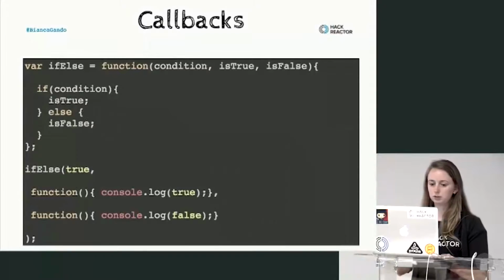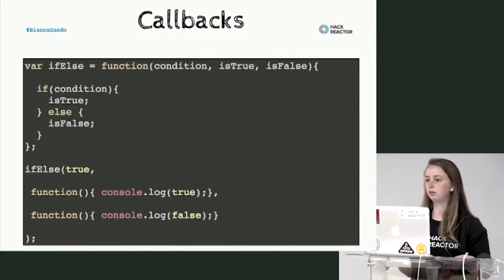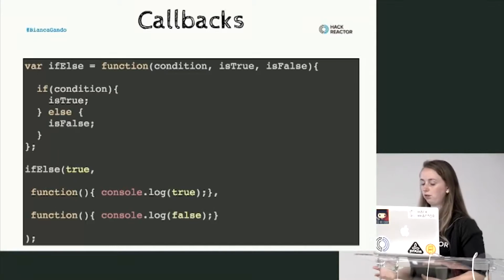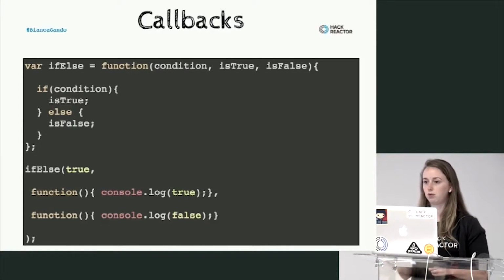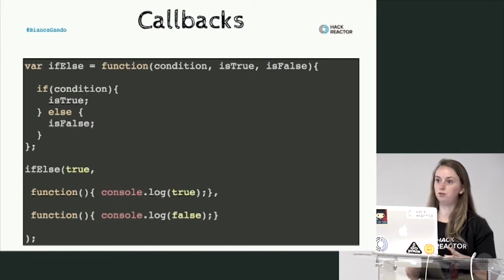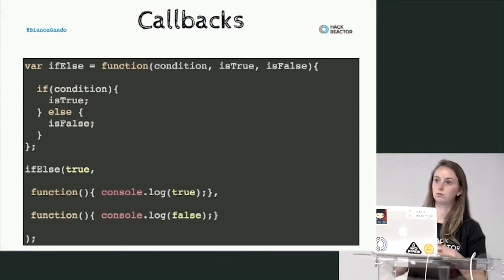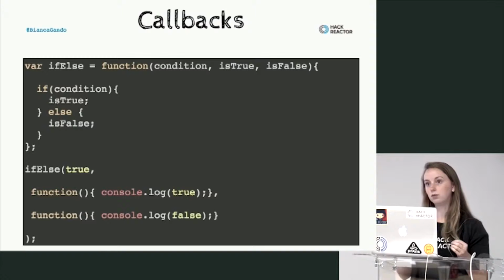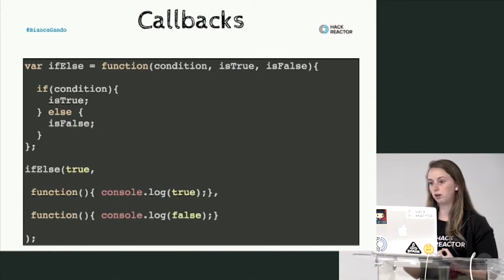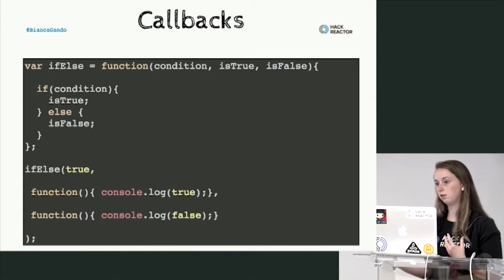So callbacks. So here's an example of an if-else statement abstracted into a function. So in functional programming, we're using functions as units of abstraction versus abstracting over data.